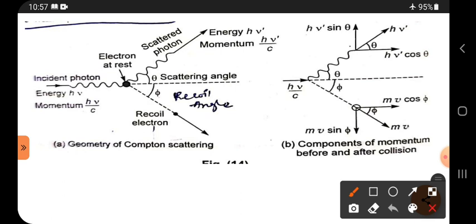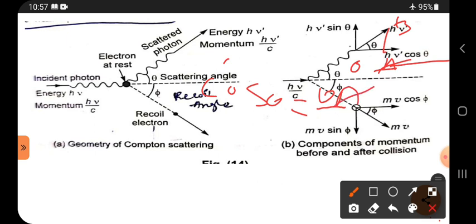Similarly, we can calculate this one also. For this, apply cos theta. Cos theta formula is adjacent by hypotenuse. Adjacent is OA. Adjacent to the theta is OA.